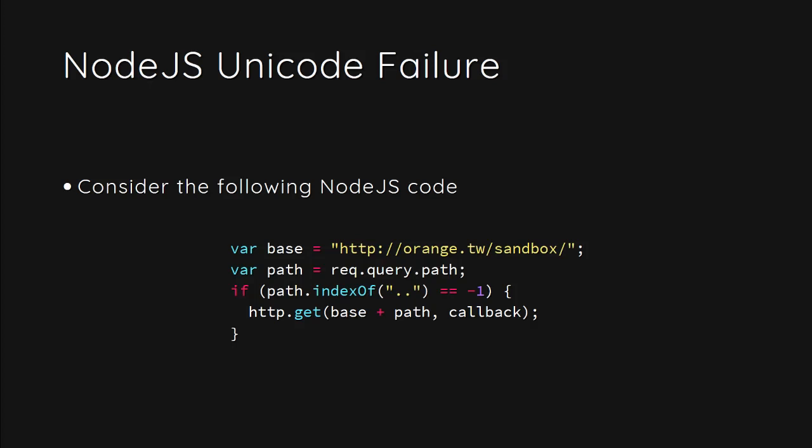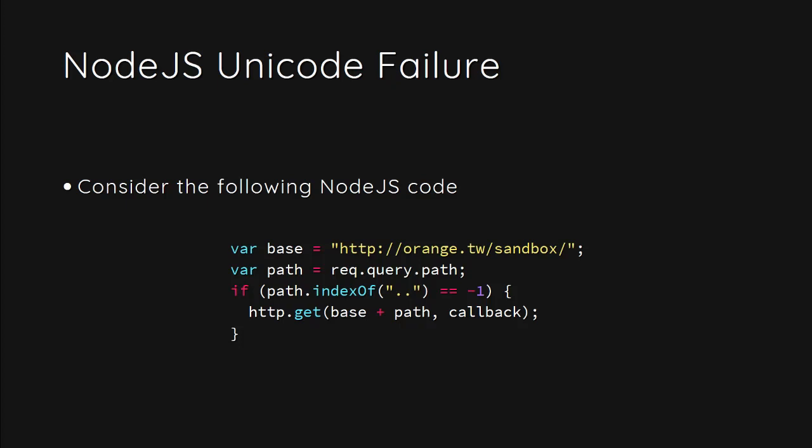Okay, the next attack vector is about the Unicode failure in Node.js. Look at the following code. In order to prevent directory traversal, the code checks there is no .. in the path, so you can't access files outside the sandbox directory.